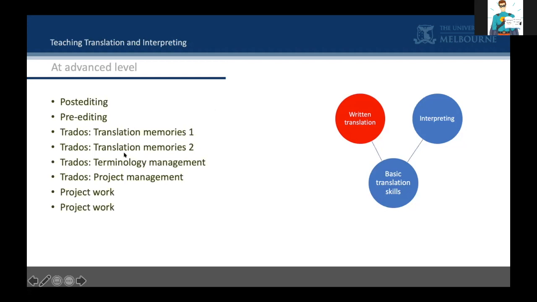The terminology is done there, the project work and the project management is all done within Trados, which is a far more complicated tool and more expensive and more professional and more difficult to integrate with machine translation for industry reasons of confidentiality, basically. And those students build on what they acquired at the beginning to get professional level translation skills before they go out as graduates.